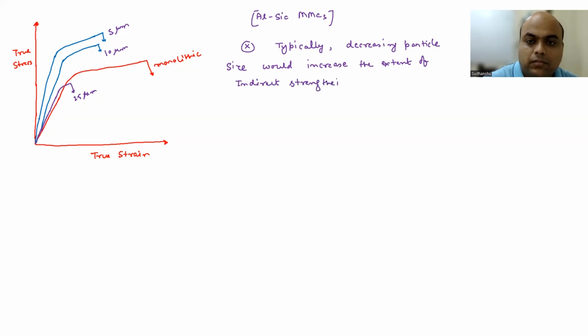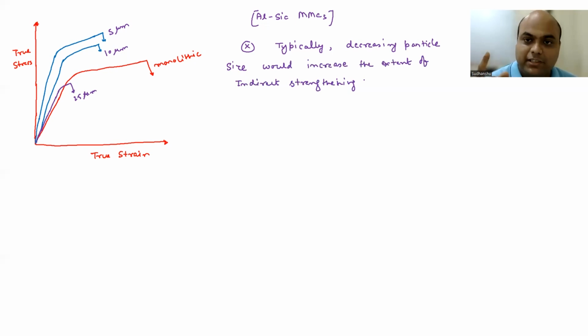Okay. So in the previous case, volume fraction was increasing, so there was increased strength of indirect strengthening. Here we are decreasing the size of the particle. That means you are creating more surface area, right? So that will also increase the magnitude of indirect strengthening.